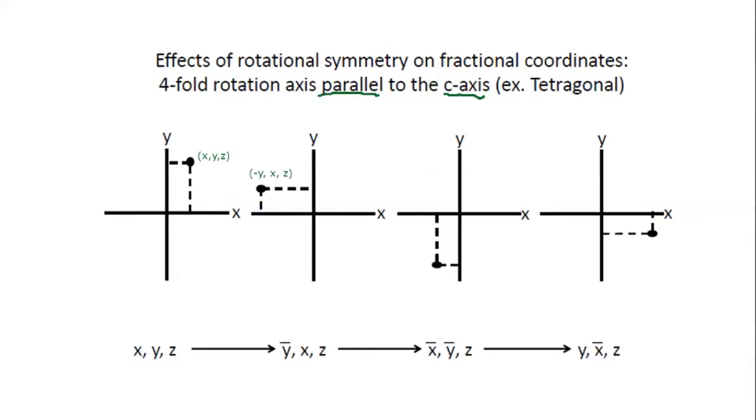I'll show you an example of this. Say we have a set of coordinates 0.3, 0.2, 0.3. When we do the first rotation, the new x is the negative of the old y. So this becomes negative 0.2, 0.3, 0.3. Let me label this as 1, this as 2.